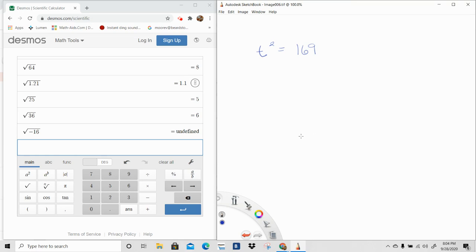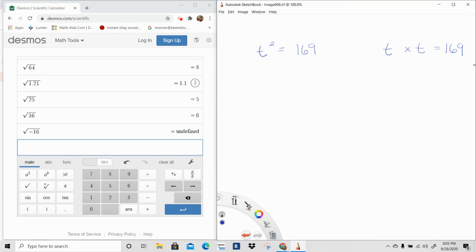Well, we talked earlier about the fact that squaring something is kind of the opposite of finding the square root. Squaring something, this says t times t equals 169. So we need to figure out what t is.